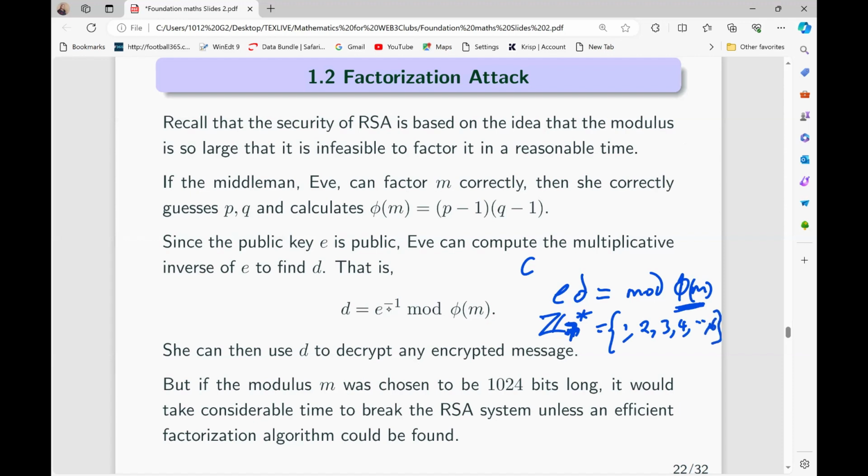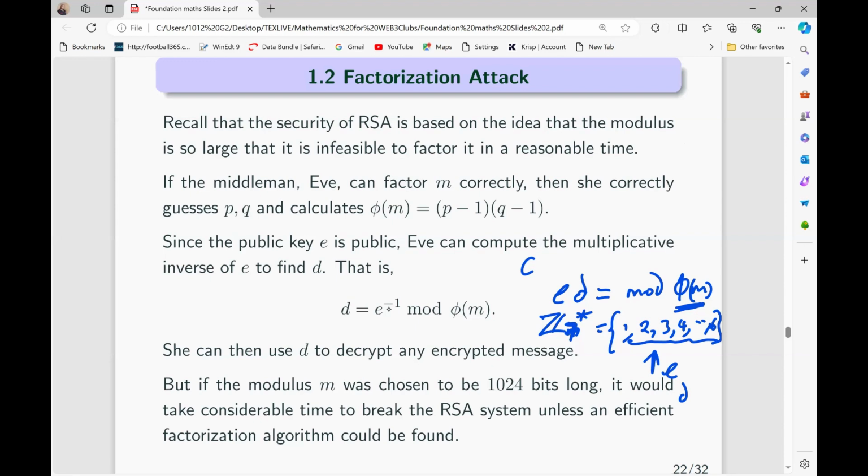These are the elements here. So E was chosen from this. E is one of these. Once I choose E as one of these, then D is the inverse of E. D will also be one of these elements. So I know what M is. So supposing M is 7, and let me assume that the person who wrote the message used a very small M.